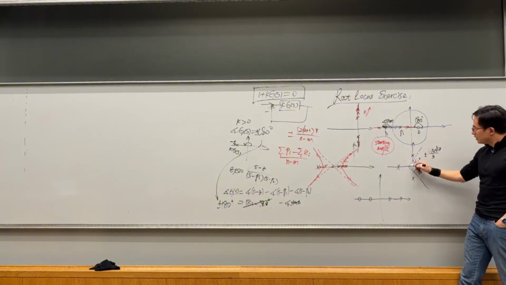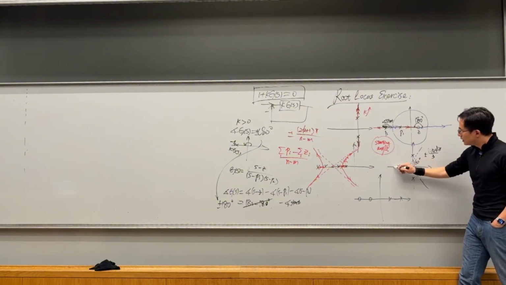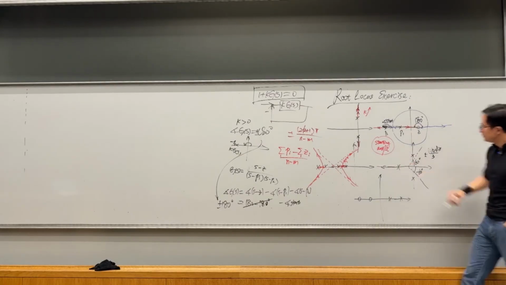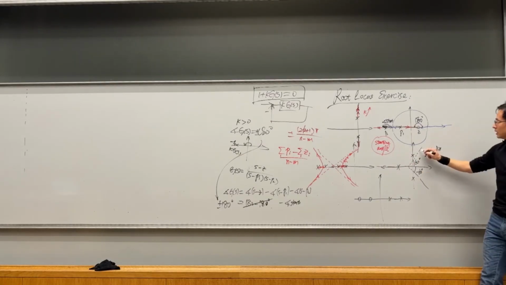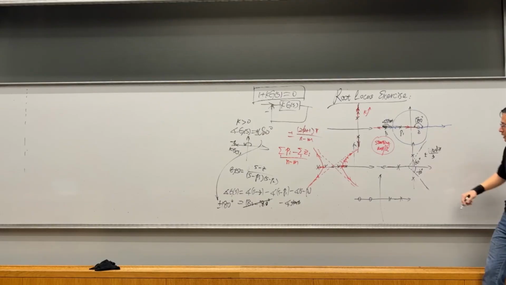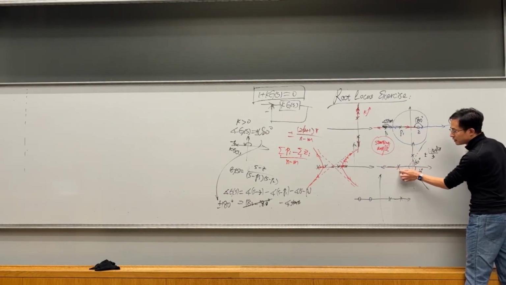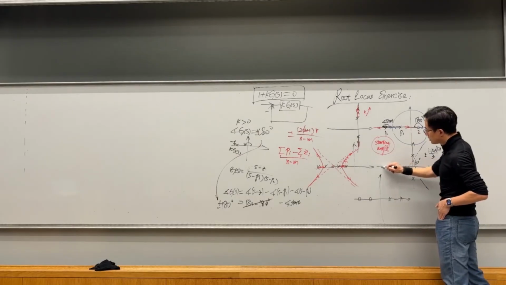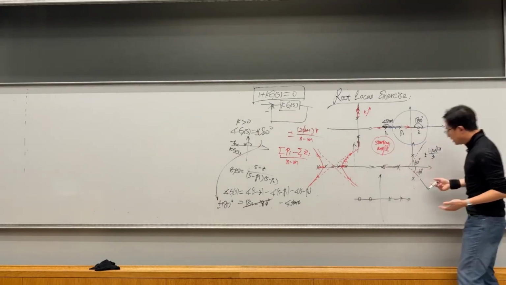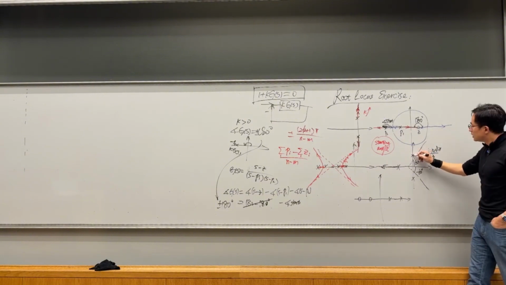So 3 asymptotes here, and then this direction, and then these two. So this pole, the root locus branch starting from here, it's easy to visualize. It's going to go to this direction. And then for these two, the root locus will look like this.